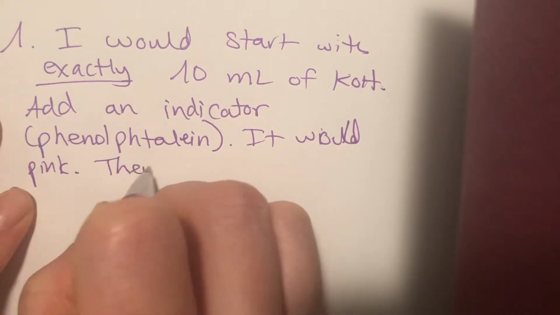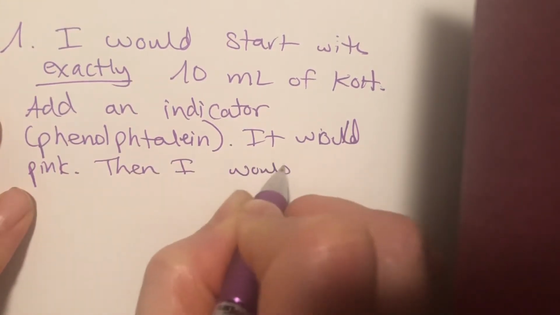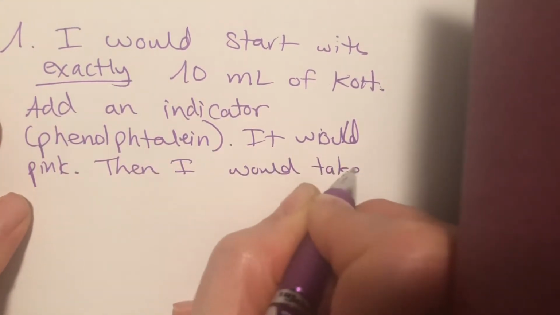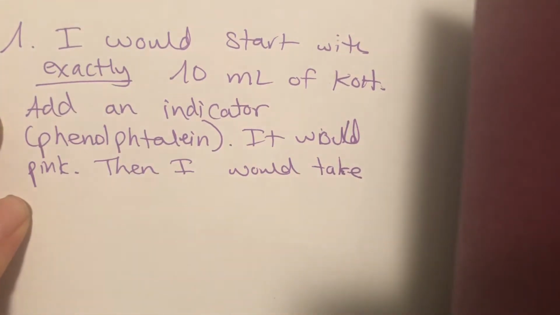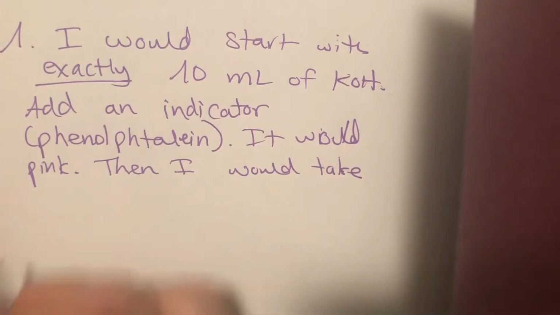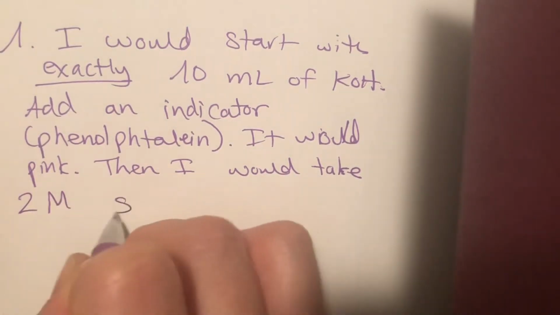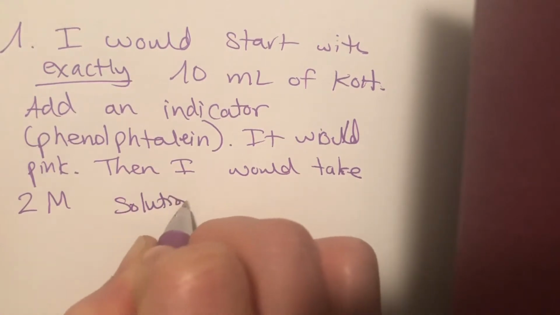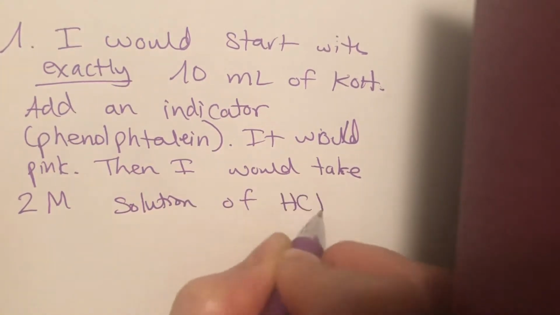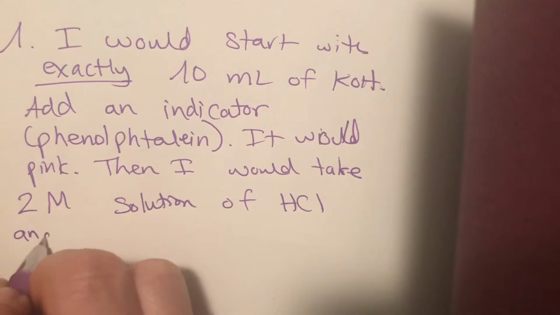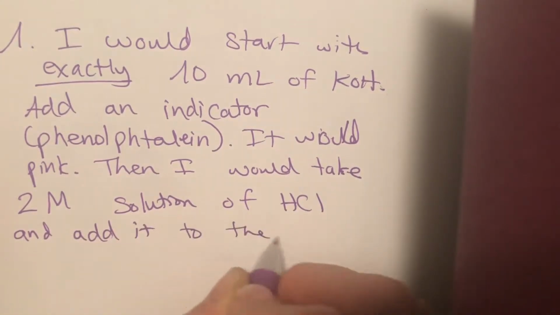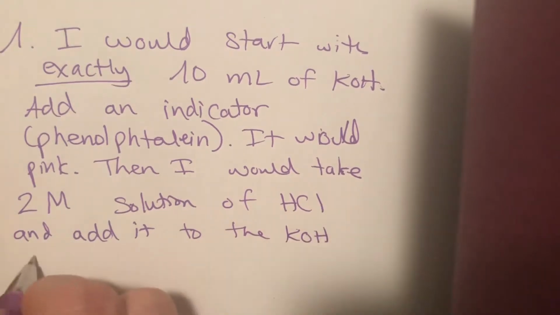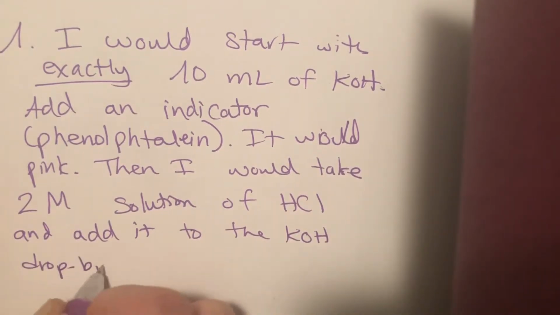Then I could take any molarity I choose. I'm going to choose 2 because that's what we've used in our lab. So I would take a 2 molar solution of HCl and add it to the KOH drop by drop.